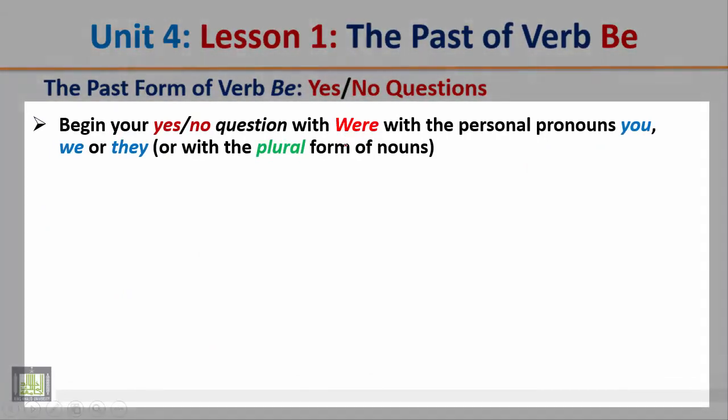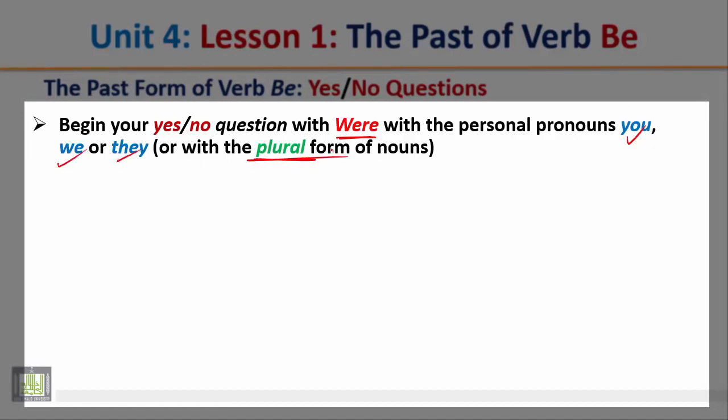Begin your yes-no question with were, with the personal pronouns you, we, they, or the plural form of nouns. So, we start the question with were plus the subject. The subject could be you, we, or they, or a plural form of nouns, and then complete your questions.